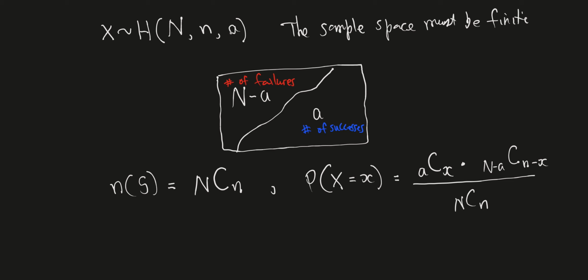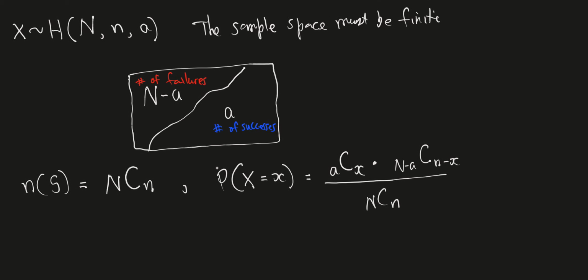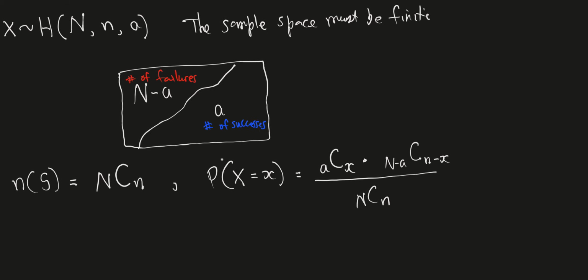Or do I have fewer successes than the number that will be sampled, right? So it takes a little while to argue and come up with this formula, but I've come up with a fairly decent formula that can be applied to figure out what are the possible values of x, right? Now that we know how to compute the probability, it seems like it's a little bit backwards. We've figured out how to compute the probability, and now we're trying to say, well, x can take on these possible values, right? But now let me write it down.